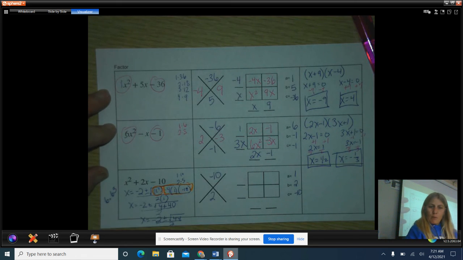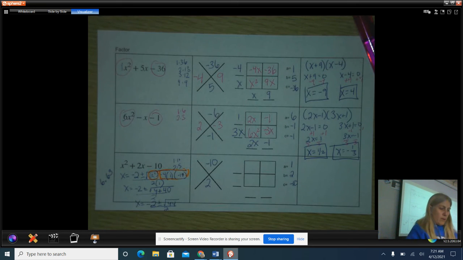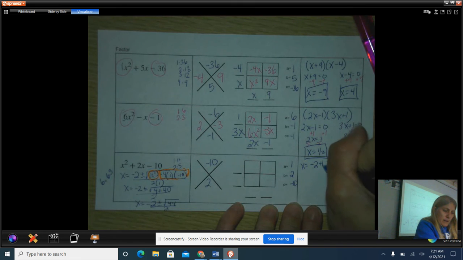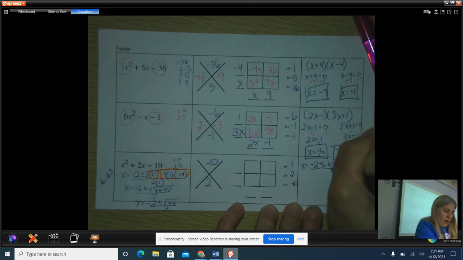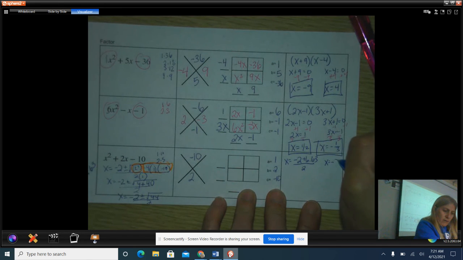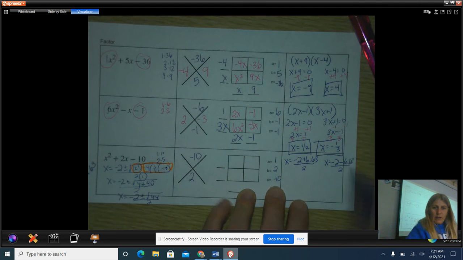Now we're going to split that into 2 problems. I'm going to move over here. So I have x is equal to negative 2 plus 6.63 all divided by 2. And I have x is equal to negative 2 minus 6.63 all divided by 2.